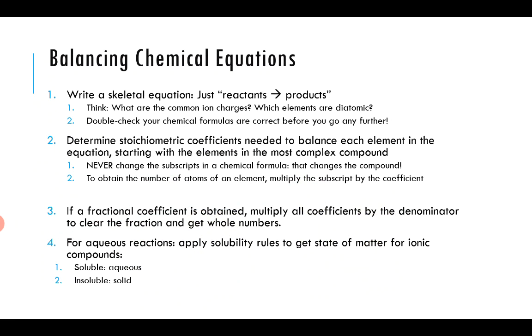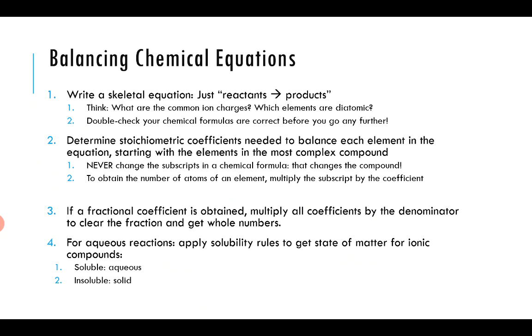So I have a strategy here to help you figure out, well, most of balancing equations is trial and error, but you do need to get your product chemical formulas correct first before you even attempt to balance.